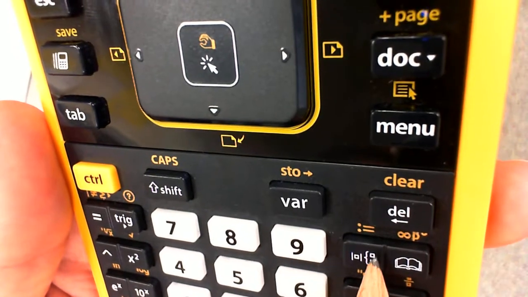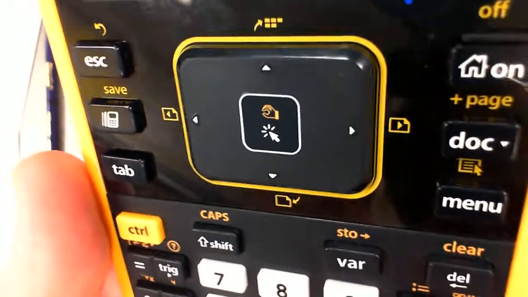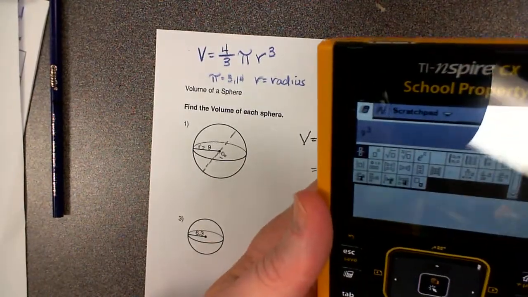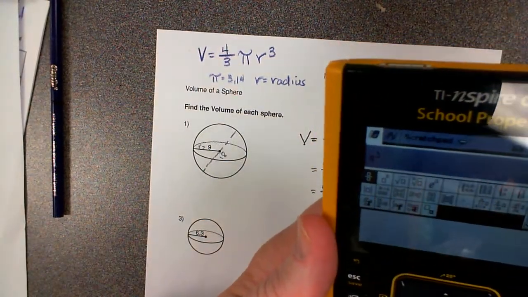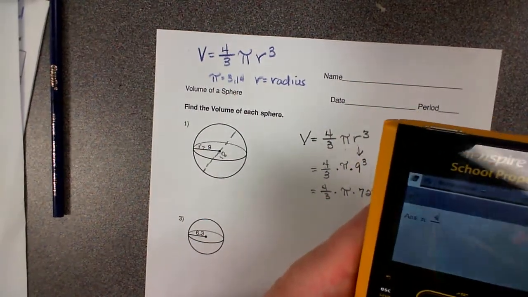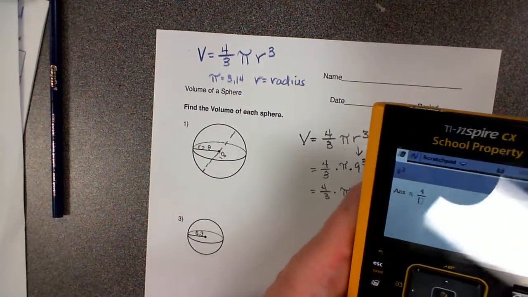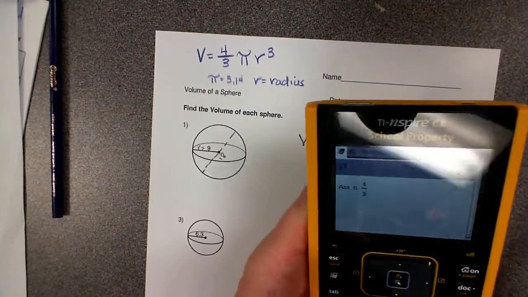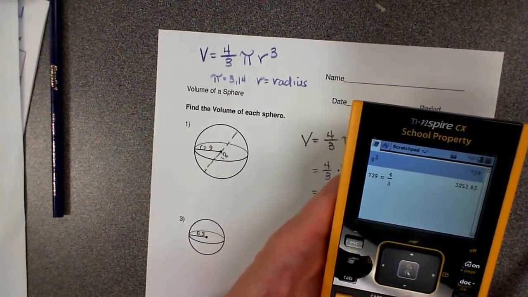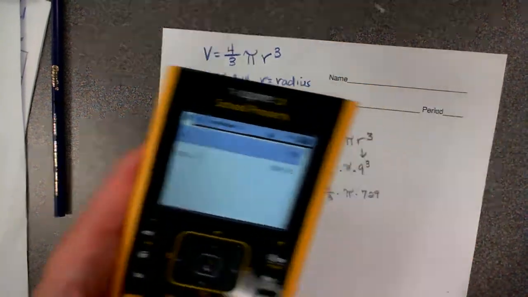This little square over square asks, do you want a fraction? I say yes, hit enter. My numerator is 4, my denominator is 3. And that's it. The answer is 3053.63.